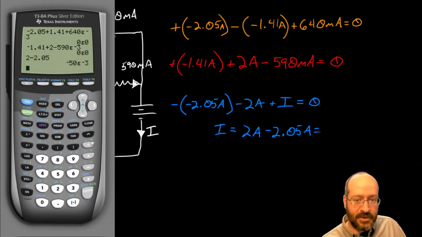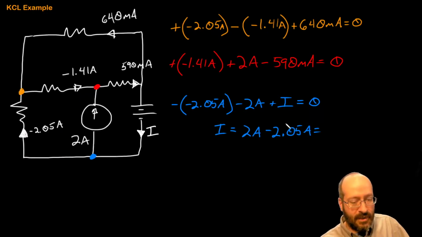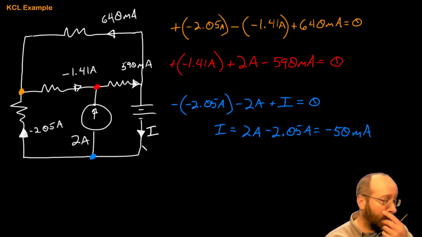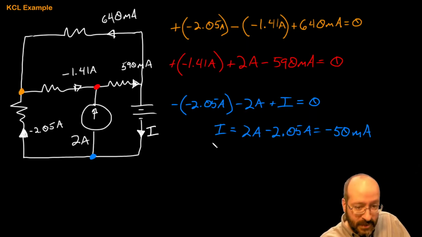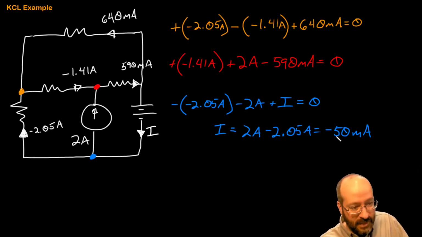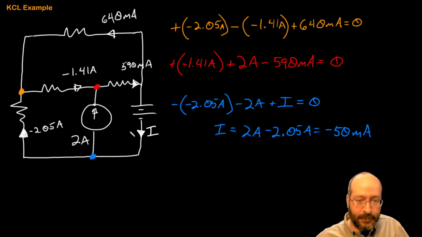And once again, engineering notation is going to save us here. We get negative 50 milliamps. This looks like negative 2 amps and negative 50 milliamps together there. But I don't have to think about it, and that's my favorite thing to do. So it's going to be negative 50 milliamps. So I picked wrong. The current's actually flowing up. But according to this arrow, it's negative 50 milliamps.